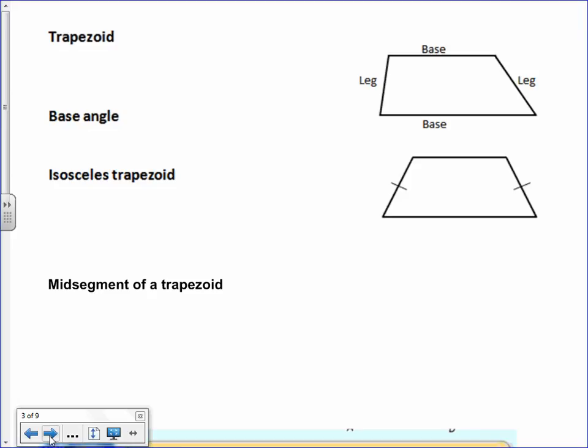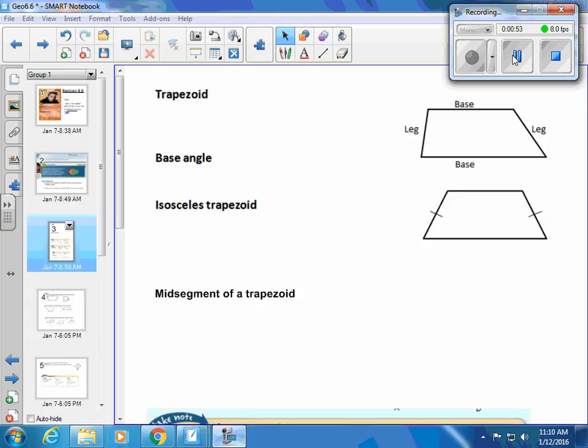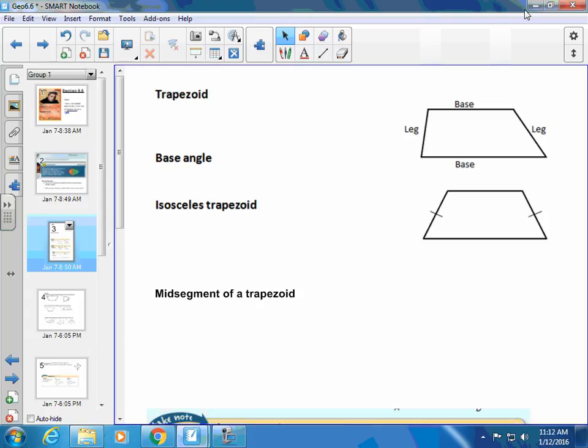What is a trapezoid? Well, if you look at the definition of a trapezoid, and actually I'm going to type this, that's why I'm moving things around here.